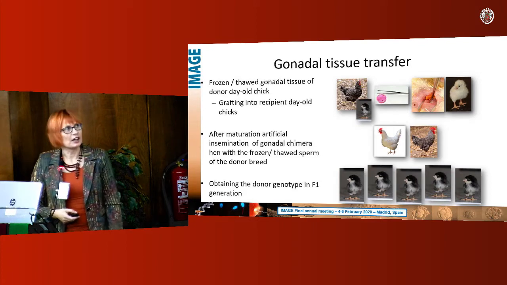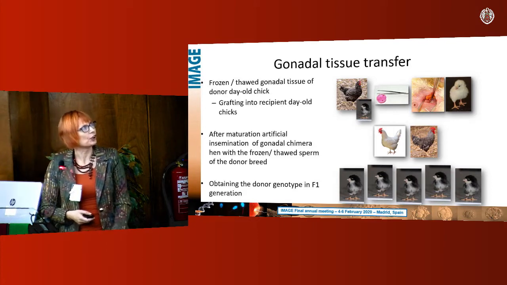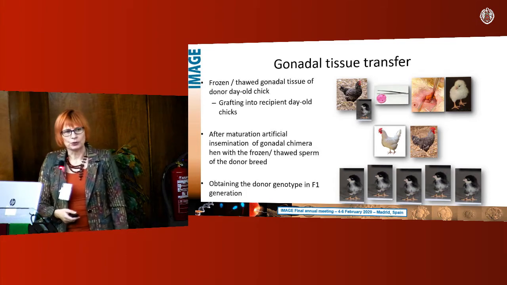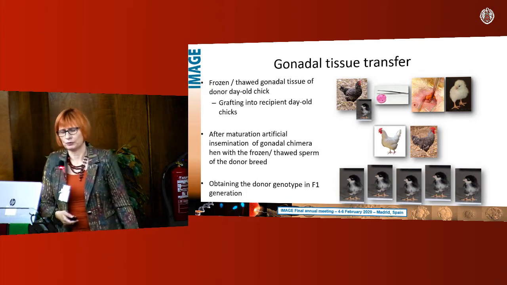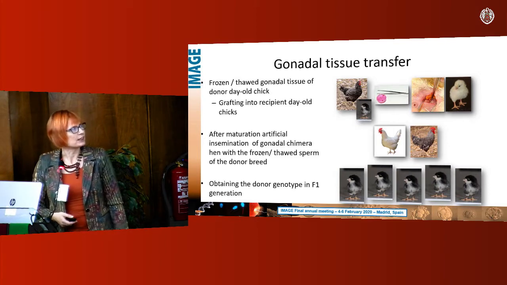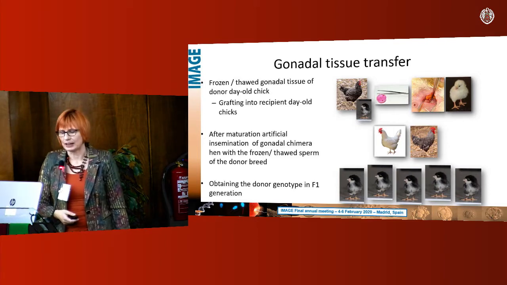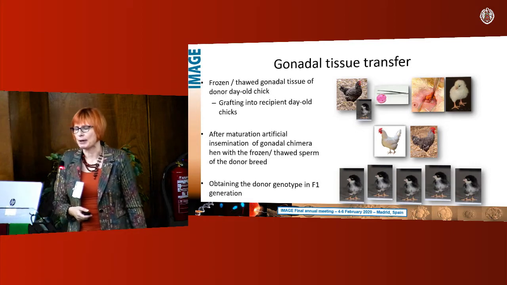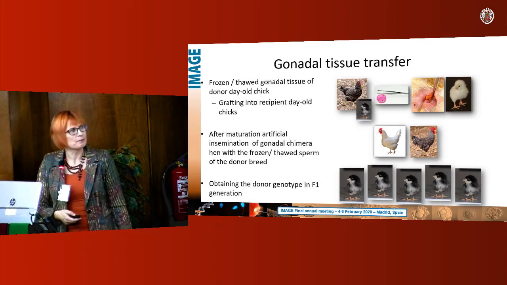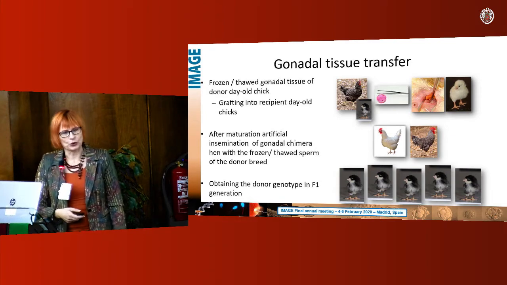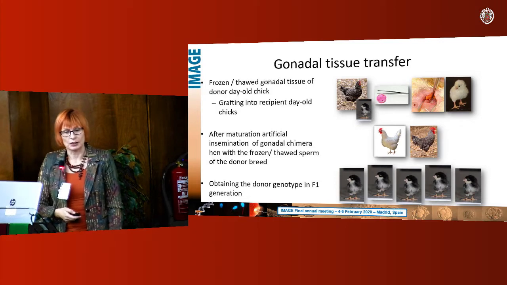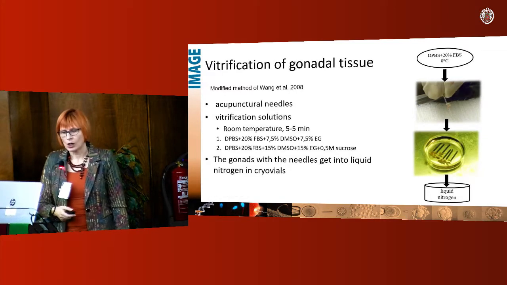So if we graft the frozen gonadal tissue of a one-day-old donor chick into one-day-old recipient chicks, and after sexual maturation, we inseminate these gonadal chimera hens with the frozen semen of the donor breed, we can obtain the donor genotype in the F1 generation, so in the first progeny generation.